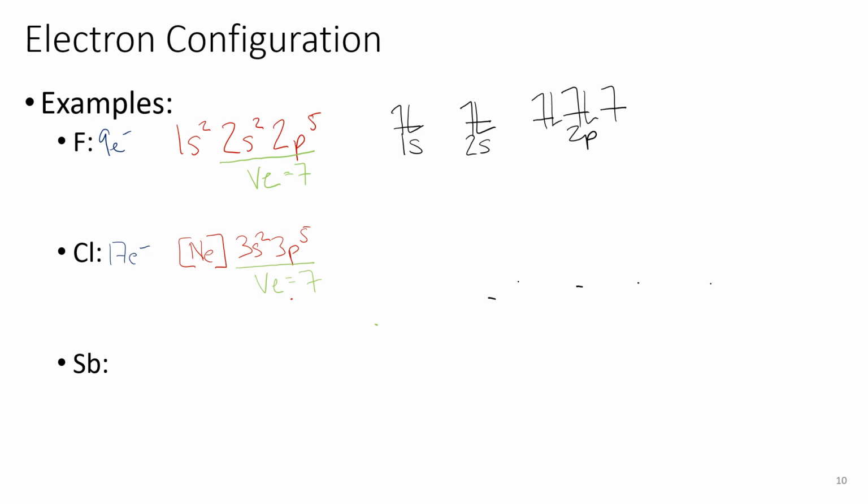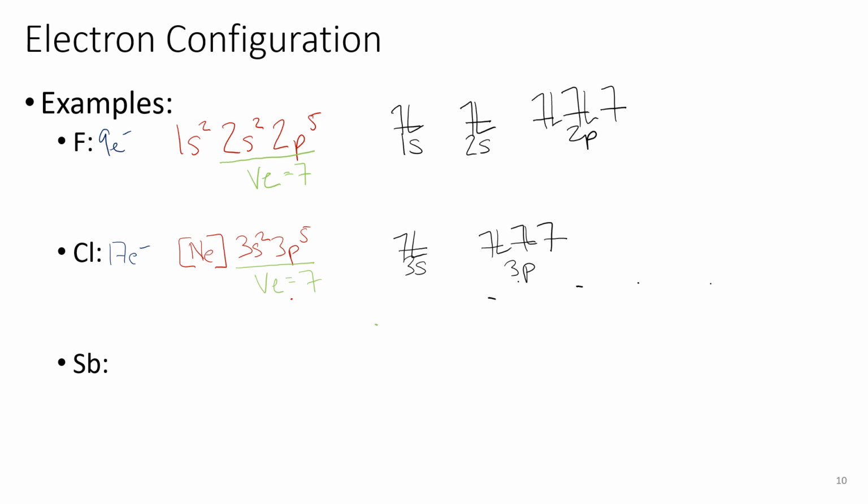And once again, I have 7 valence electrons. All the core electrons are summarized by just stating neon. So once again, if I wanted to look at this in terms of my orbital diagram notation, I would have 1 orbital in the 3s subshell. I would have 3 orbitals in the 3p subshell. And I can go through and I can actually see how many paired and unpaired electrons we have once again.